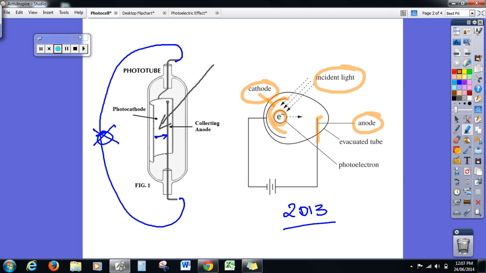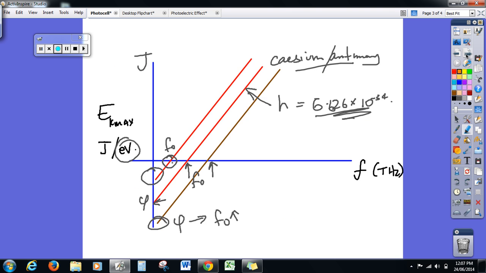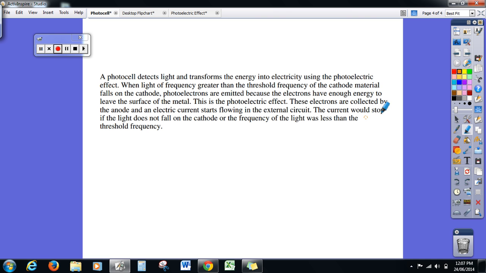It's also labelled. So this is the suggested answer, that a photocell detects light and transforms energy into electricity using the photoelectric effect. So it's very important that you had to understand and identify the photoelectric effect is how this thing works.